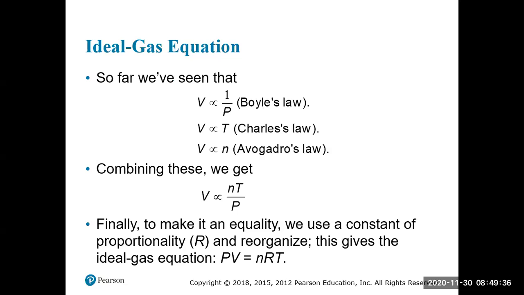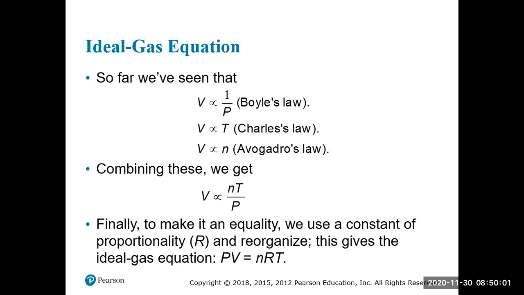If we do, we get that volume is proportional to the number of moles times the temperature divided by the pressure. That relationship just comes from taking those three that we have up top and combining them. So that tells us that it's proportional.